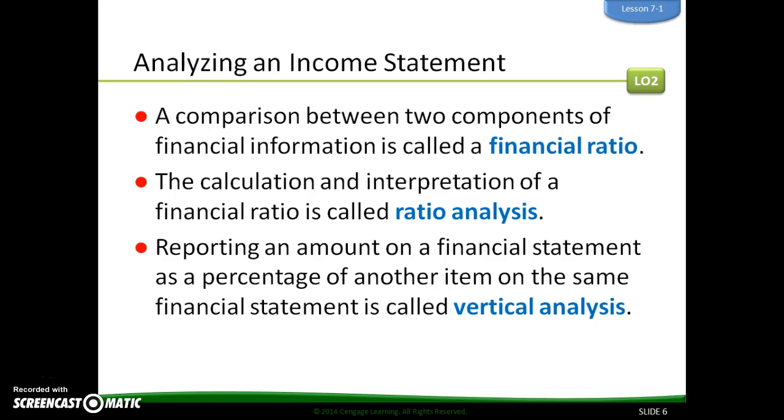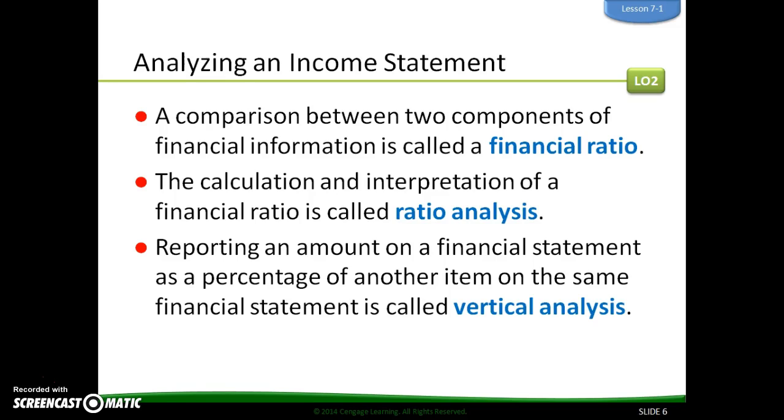Calculating and interpreting financial ratios is called a ratio analysis. So once you have those ratios, once you start to compare them to each other, now you're analyzing them. And then finally, reporting an amount on a financial statement as a percentage of another item is called a vertical analysis.